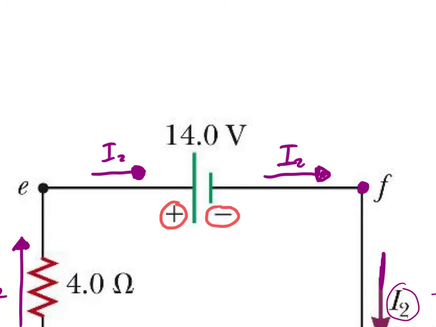We're going to say normally current flows out of the positive side of a battery and into the negative side of a battery.